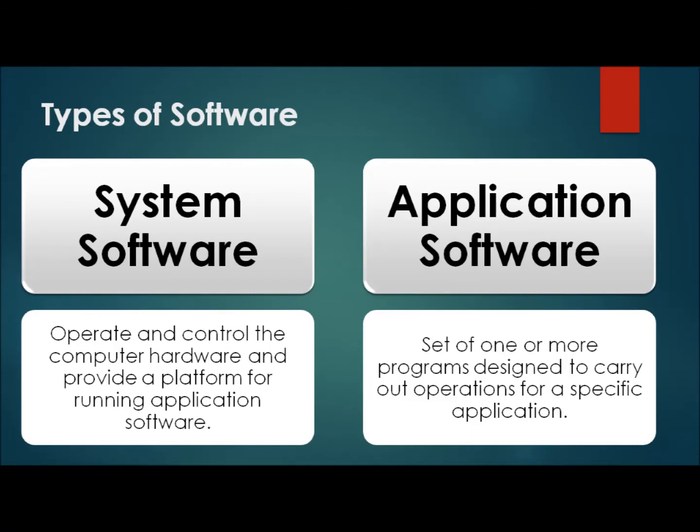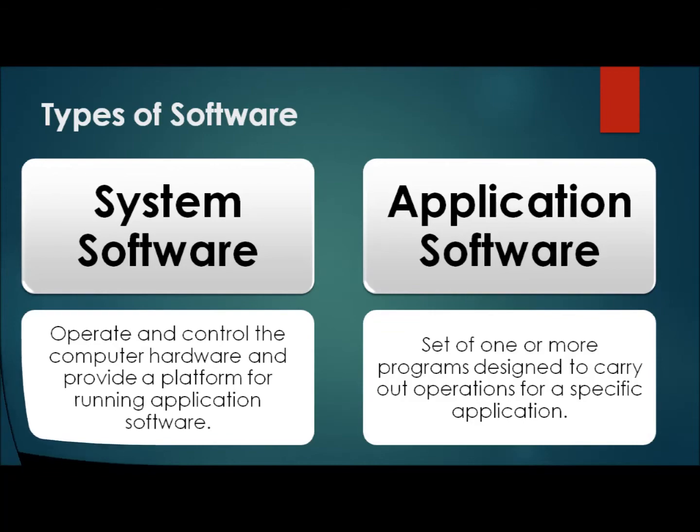But if we want, we can further extend them as embedded software, web-based software, scientific software, etc. We'll come into that later. Let's first take the system software. The main characteristic we can find in them is that they operate and control the computer hardware. And also they provide a platform for running application software, our other major category.